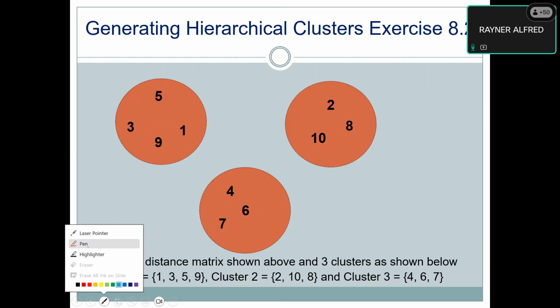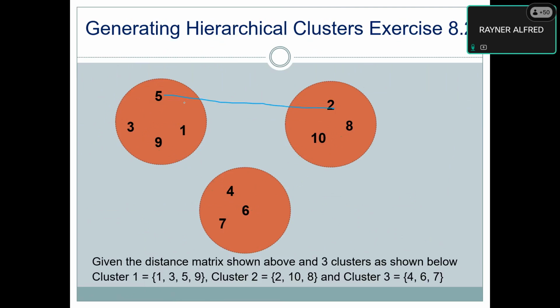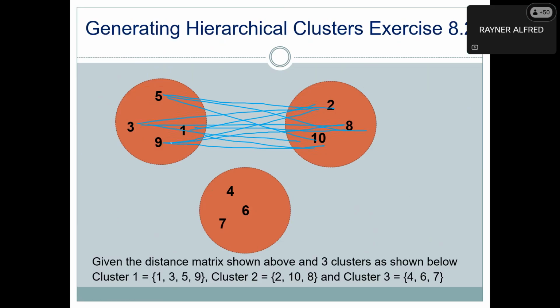So you do this one. Okay, this is the 3 distances, and then do it again for the rest. Once you get all the distances here, then you take the average. Okay. So this is the average link, where you take the average distance between all the members that we have.